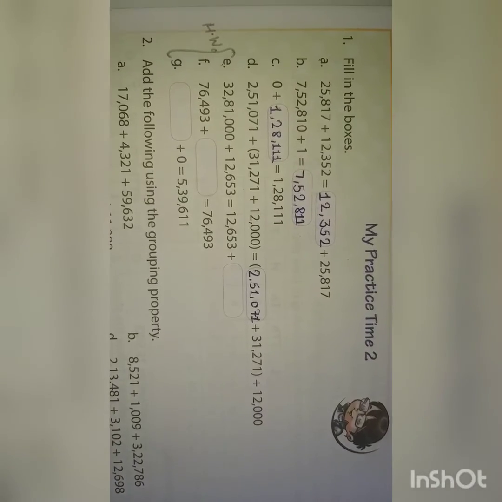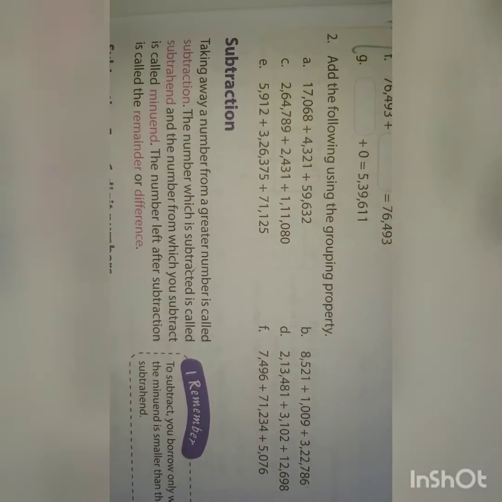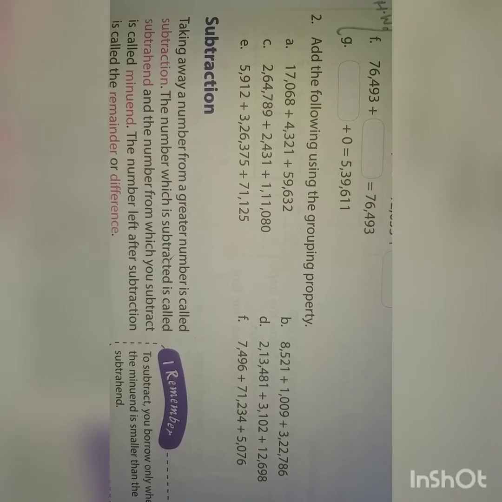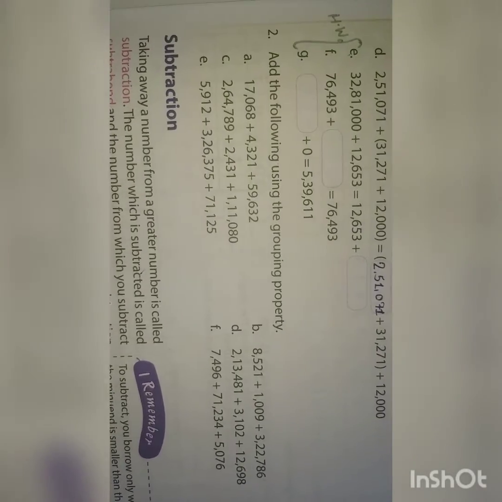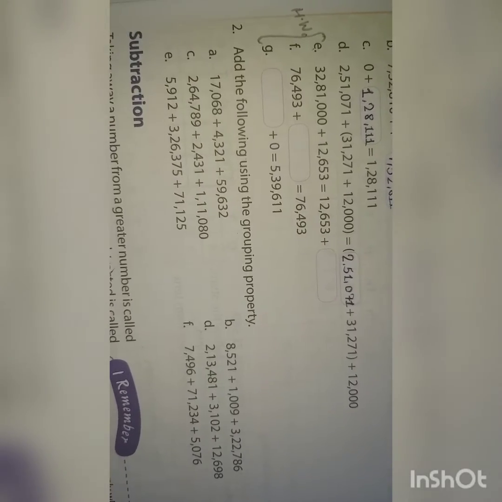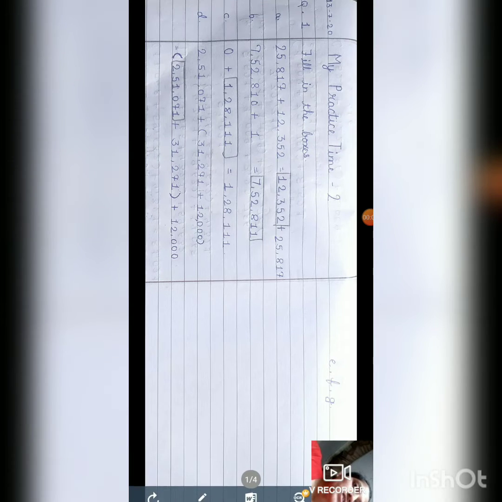So students, this was all about the CW in the textbook. EFG will be the homework you are going to solve in the textbook. And now students, question number 2, add the following using the grouping property, we are going to solve in CW. So first of all, open your CW, and now we are going to solve the sums in CW. Here you can see that I have written today's date, that is 13 July 2020.